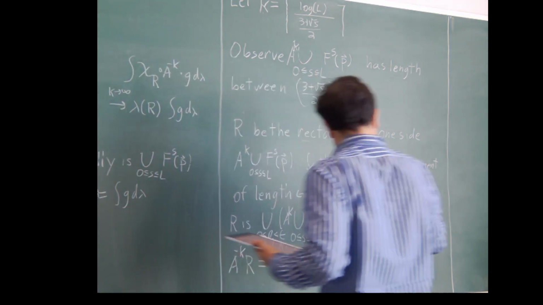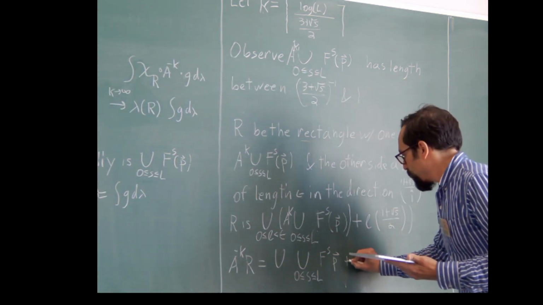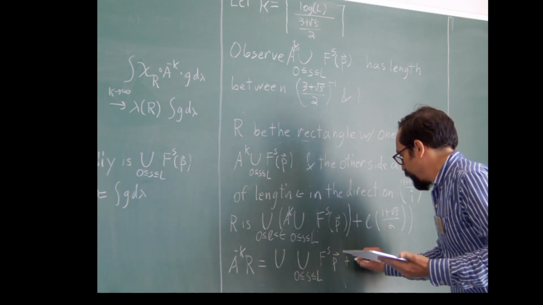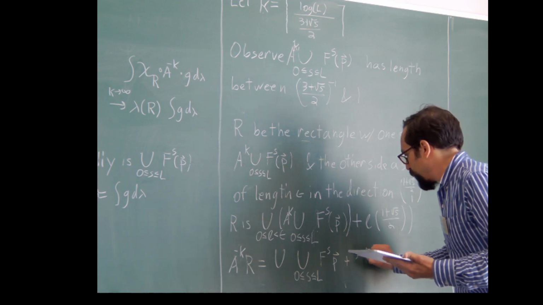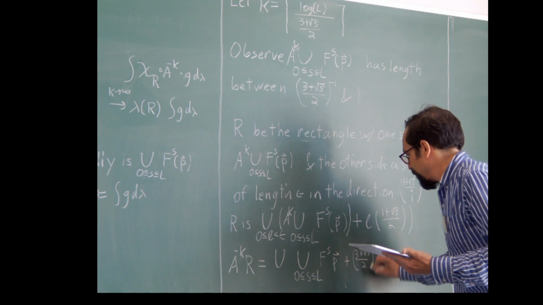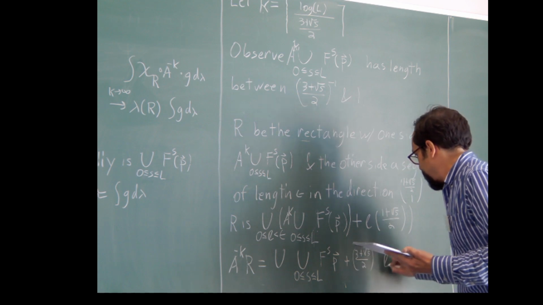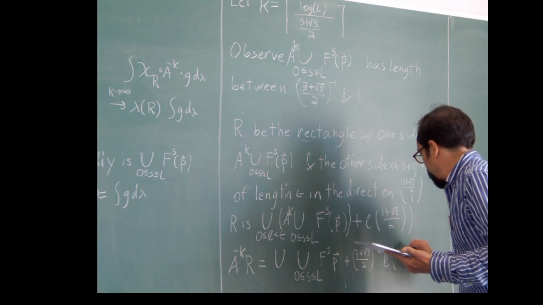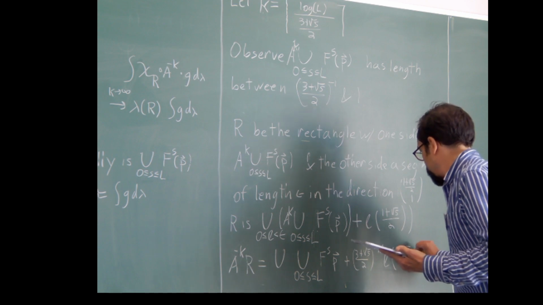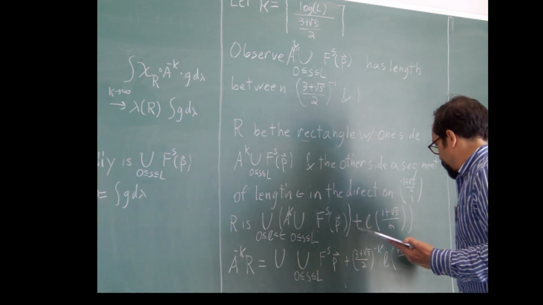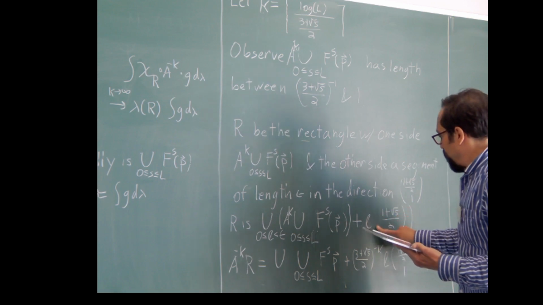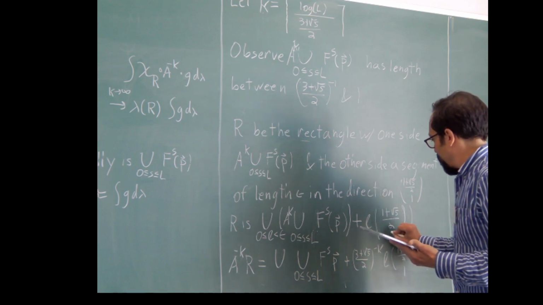And then what's going to happen to these other pieces, I'm going to be adding to this 3 plus the square root of 5 over 2 to the minus k is L times 1 plus the square root of 5 over 2 and 1. I'm sorry, I made a typo here.